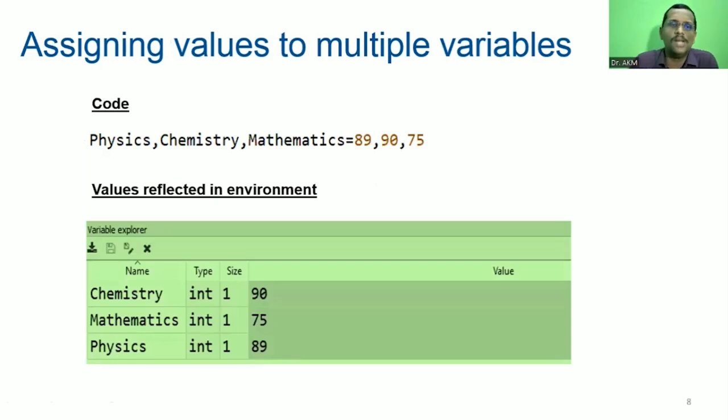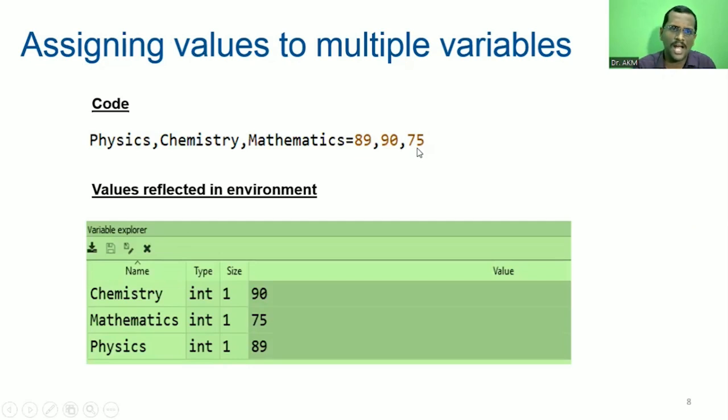Assigning values to multiple variables. If you want to assign values to multiple variables, for example, physics, chemistry, mathematics is equal to 89, 90, 75, it automatically understands that physics is 89, chemistry is 90, mathematics is 75.